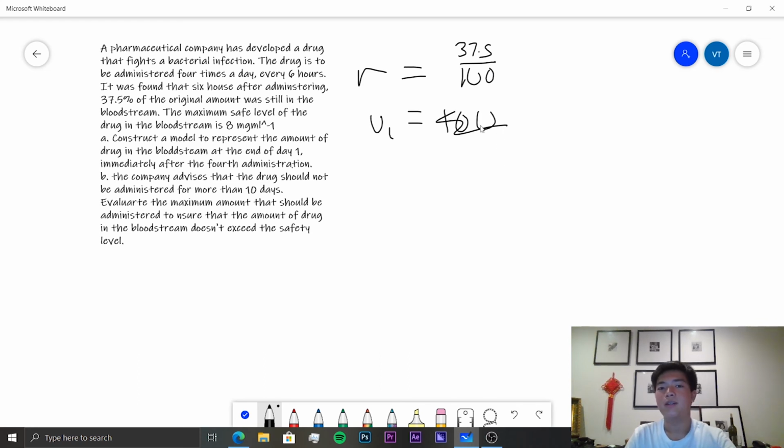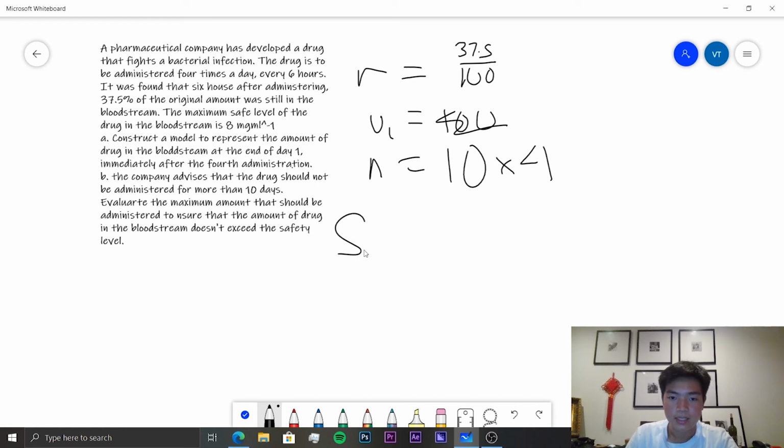Actually, no. We don't know the first term, because the first term will be the amount of initial blood we inject, but we do know the number of times, and it's 10 times 4, since it's administered 4 times each day.